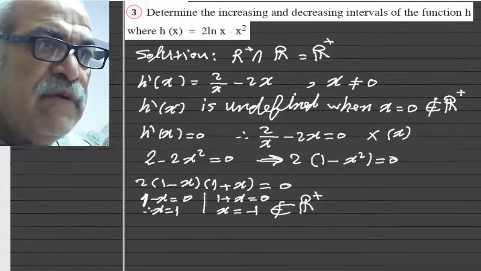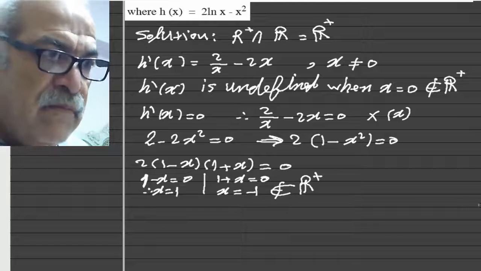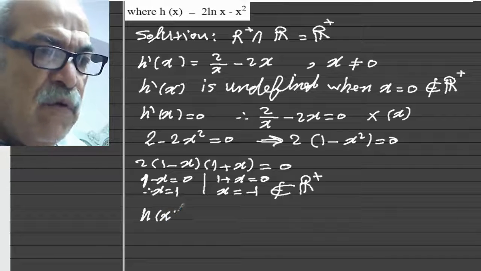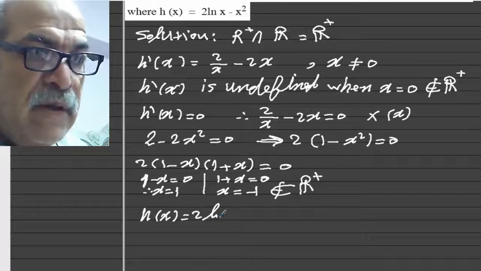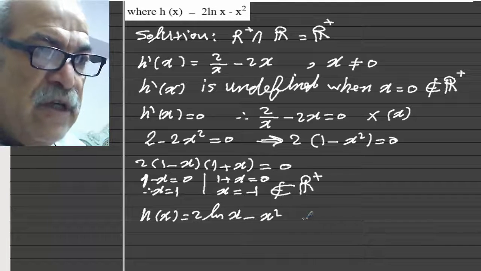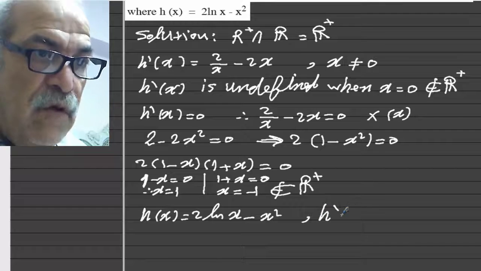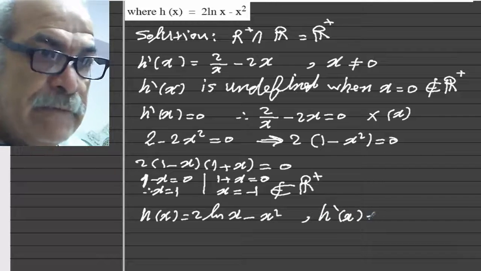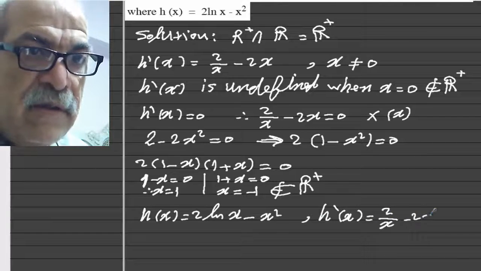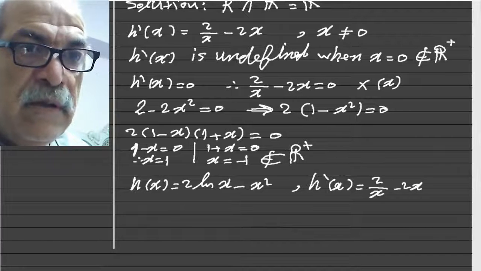So we have h of x equals 2 ln x minus x squared, and h dash of x equals 2 over x minus 2x. And we'll draw the table here.